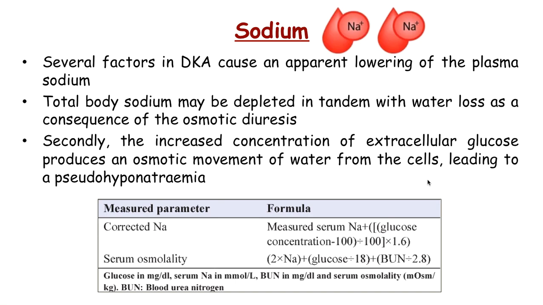So you have to calculate the corrected sodium. There is a formula for that, and I will make a separate video on how to apply this formula and what are the easier methods to calculate the corrected sodium. So if you are getting a sodium of 125 in a patient having a blood sugar of 600 milligram per deciliter, it will actually be somewhere around 133 to 135 and not 125, right?